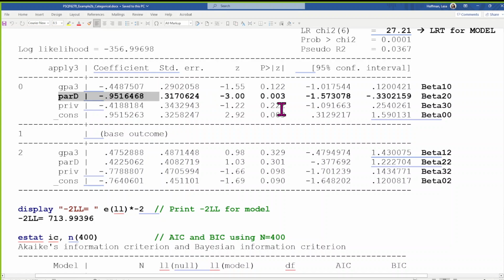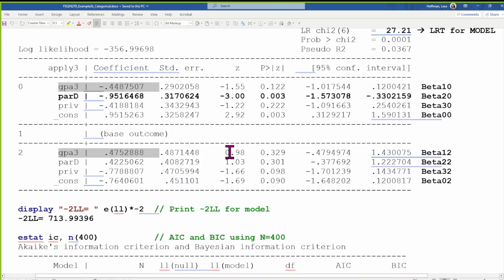Parent graduate degree has a significant slope. It is also negative, because if my parents have a degree, I am less likely to say hell no. So if I wanted to compare these slopes across submodels, because they differ in their direction of what is higher versus lower, I would need to reverse the sign of one of them before I compared.